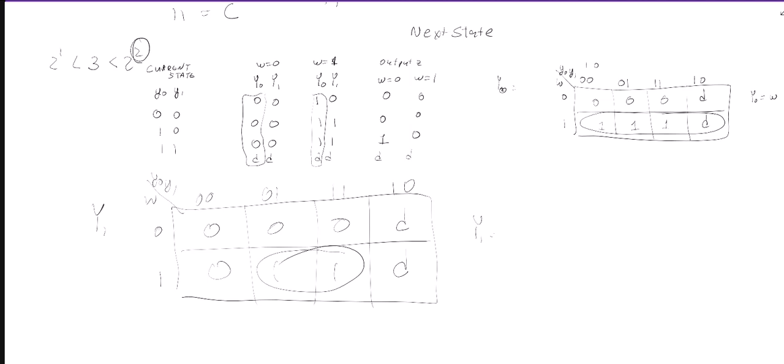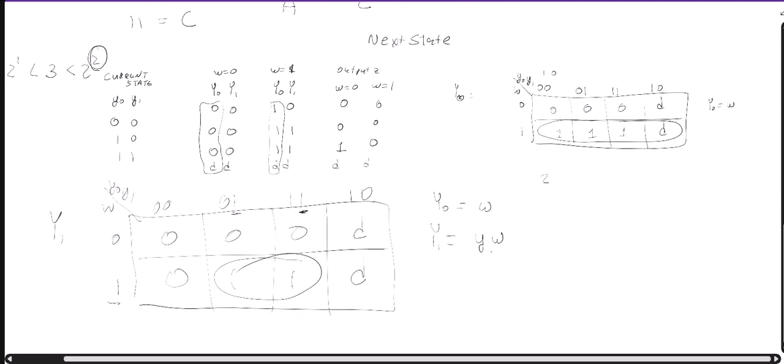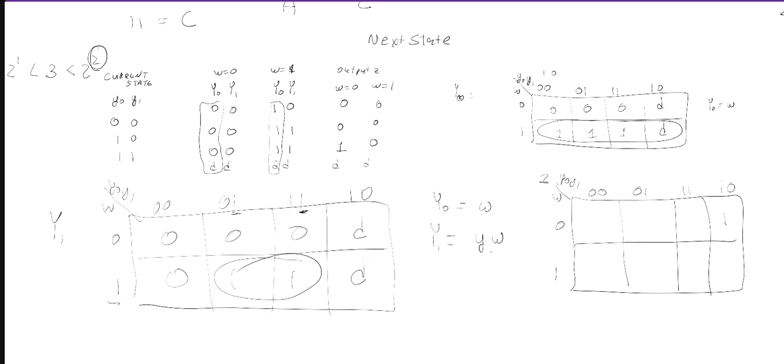So this would be Y1 equals Y1 and W. So I had Y0 equals W, Y1 equals Y1 W. Now we need to do our output, that'd be Z. For 0, I have 0, 0, 1.